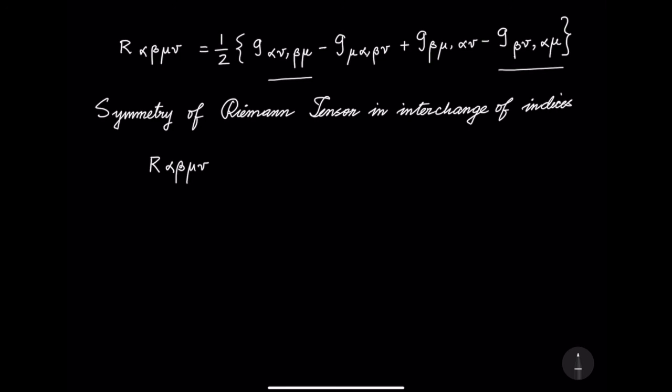What about the other two? Well, again, if you change alpha and beta here, you will get this because the metric is symmetric and the partial derivatives are symmetric. Which means if I interchange alpha and beta, it is antisymmetric with respect to the change of the first two indices. You can verify that it's also antisymmetric in the change of the last two indices.